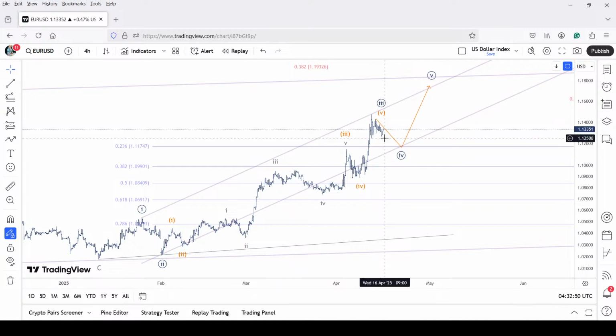So it's following the guidelines of alternation as well, where minute wave 2 and 4 alternate in the sense that if wave 2 was sharp, that's what in this case it is, and wave 4 on the other hand would be sideways consolidation, and that's what looks like is taking shape right now.